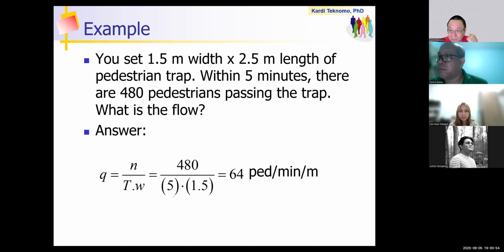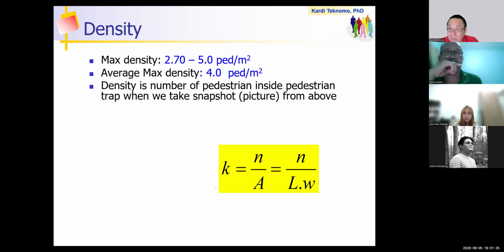Then you get the flow rate, because this meter is meter of width, not the length. This is how you define the flow rate. In vehicles, this width becomes lane.